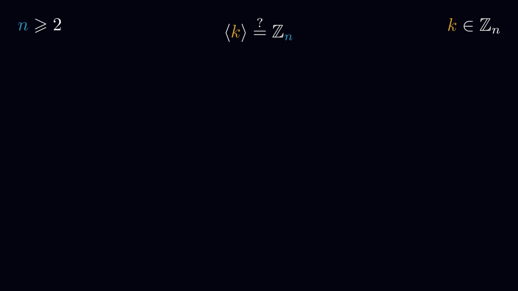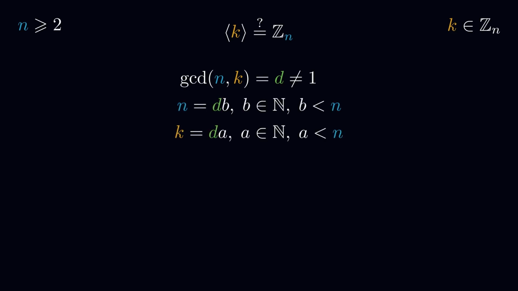We have n and k not being relatively prime. Let's say that their greatest common divisor is d. If so, we can denote n as db and k as dA for some natural a, b strictly smaller than n. In such situation, k to b is kb modulo n. We substitute k for dA from the third line and db for n from the second line.